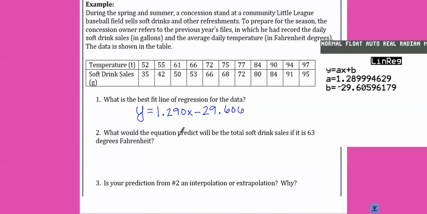What would the equation predict will be the total soft drink sales if it is 63 degrees outside?